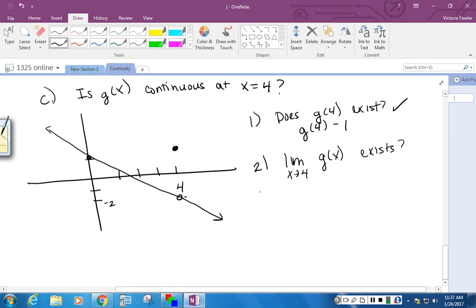I'm going to check the left-hand limit. Looks like I'm having some issues here getting this thing to pick up my writing. But I'm going to check the left limit. And when I check the left-hand limit, I am tracing along this portion of the graph, coming from the left, x is approaching 4, and it looks like I get really close to the value of y equals -2.